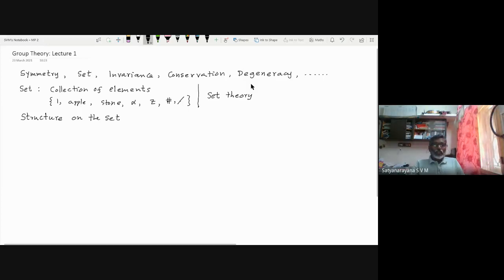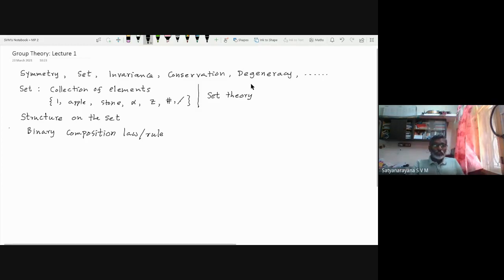So when can a set be qualified to be a group? That means we have to define something called a binary composition law, or sometimes you call it a binary composition rule. This is very important.